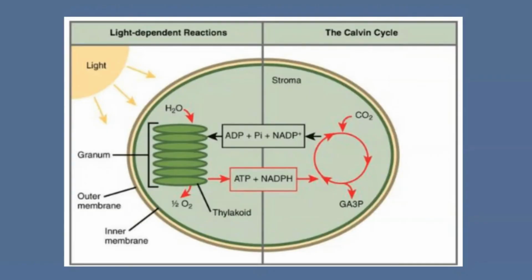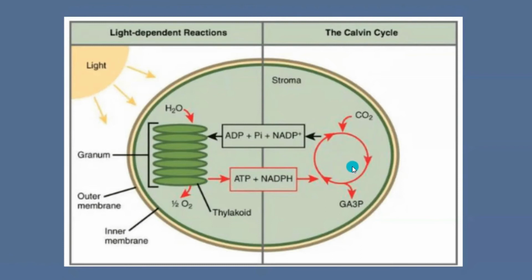This is just an image for the differences between the light-dependent reactions and the Calvin cycle. Sa light-dependent reaction, it synthesizes ATP and NADPH to serve as fuel for the Calvin cycle. So ito yung end product ng light-dependent reaction na gagamitin naman dun sa Calvin cycle.